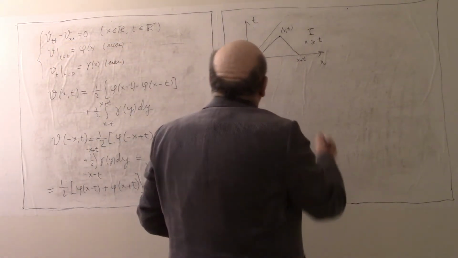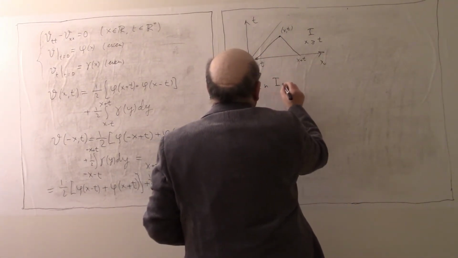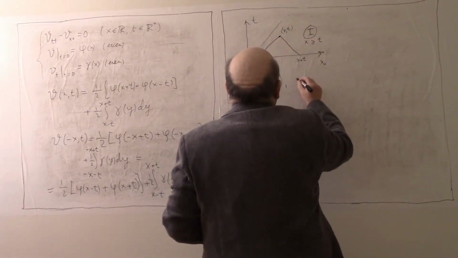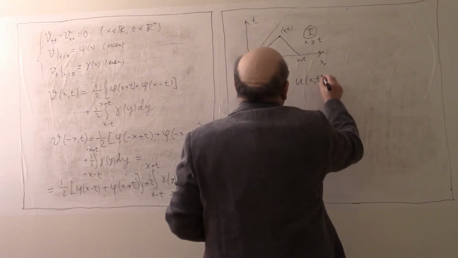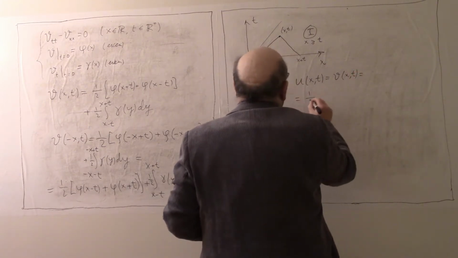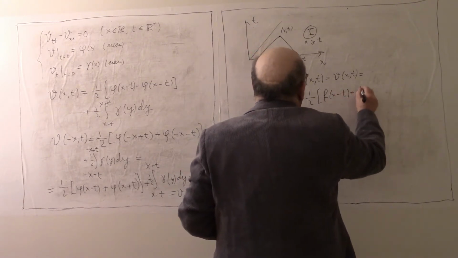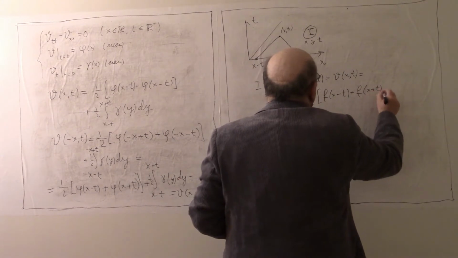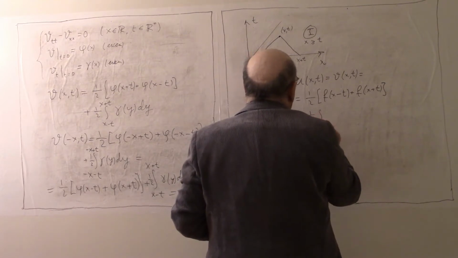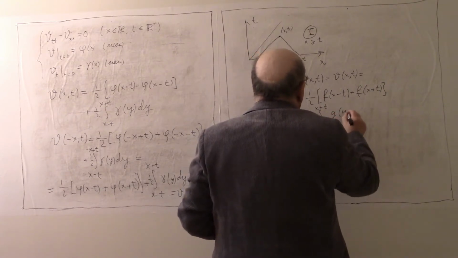And so here we can write, in domain 1, u of x,t equals v of x,t equals 1/2 of f of x minus t plus f of x plus t, plus 1/2 integral from x minus t to x plus t of g of y dy.